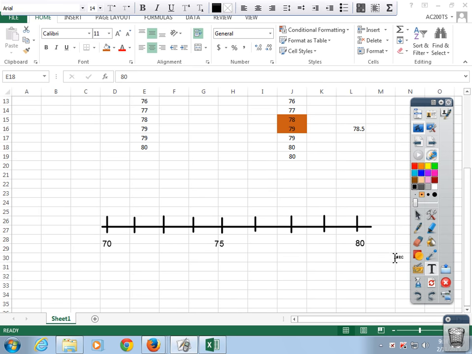Okay, so here we go. 70 plus 75 is 145. Half of 145 is what? 72.5? Y'all tell me. So 72.5 goes in the middle right there.